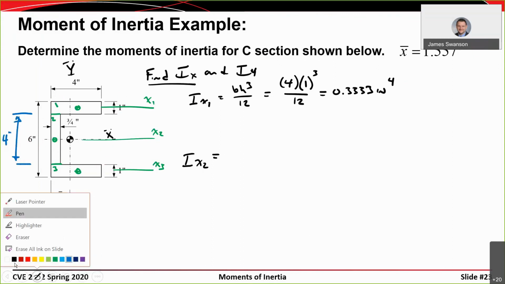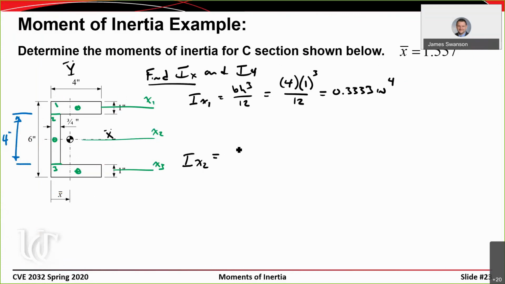So I can go back over here and say the base is 3/4 times the height, 4 inches cubed, divided by 12. And if I punch that number, 4 to the 3rd power times 3/4 divided by 12, that gives me 4 inches to the 4th. And then the last thing I'll do is calculate I sub little x3.